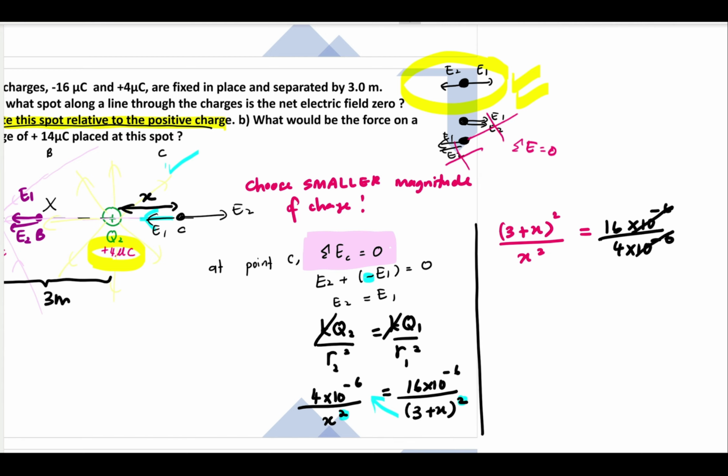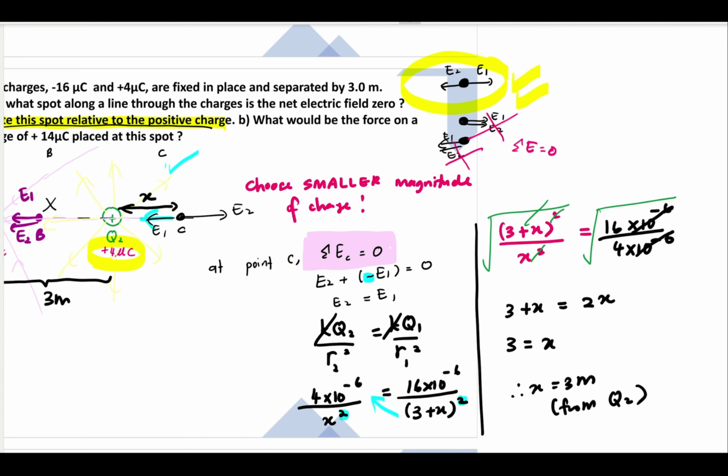Alright, so we can take the square root of both sides in order to cancel the square. Okay, and then we can try to solve the problem. Okay, so this one should be 2x. Therefore, 3 is equal to x. Okay, 3 meter means that x is from Q2.